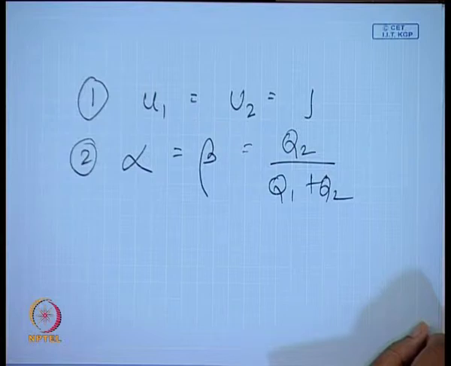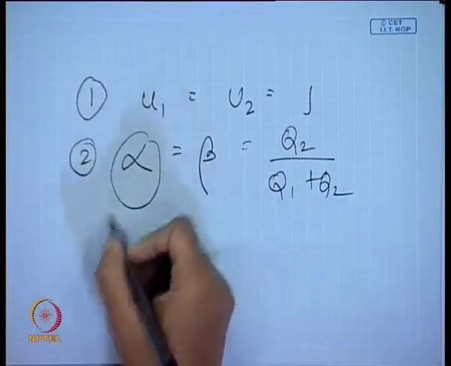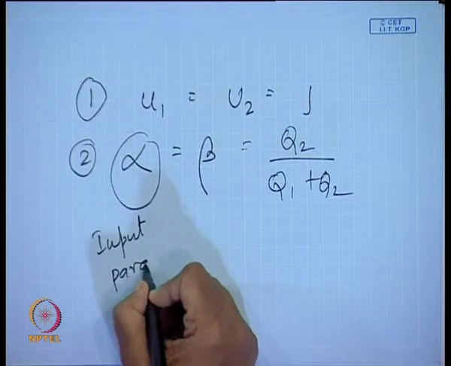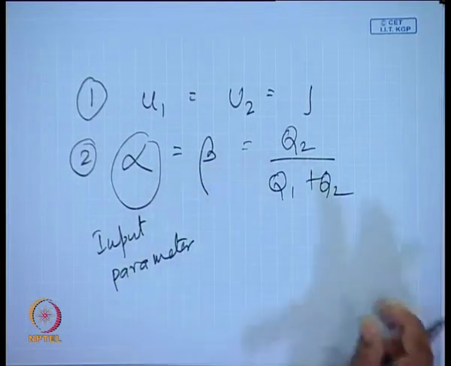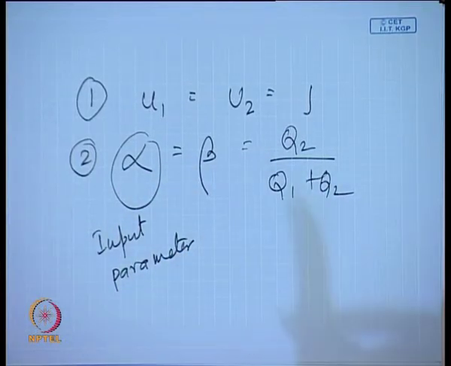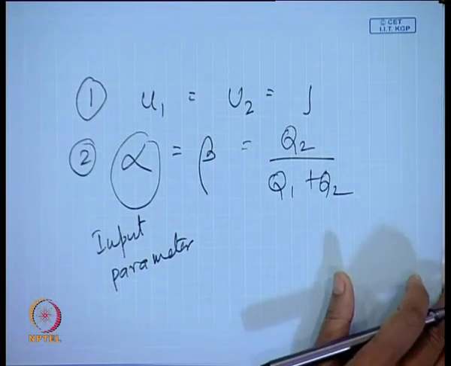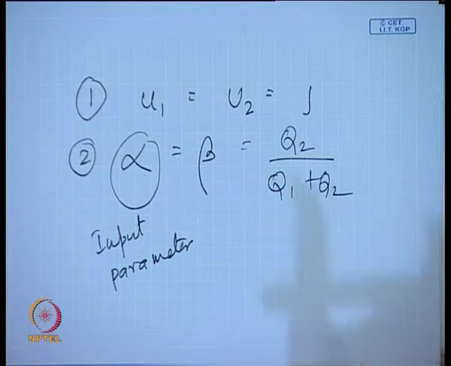So, what does this imply? This implies that under these circumstances alpha becomes a measurable input parameter. If we know the flow rates of the two phases, which is very easy, you just have two rotameters or any flow meter, you can find out the inlet flow rates. Moment you know the inlet flow rates, we can find out alpha.